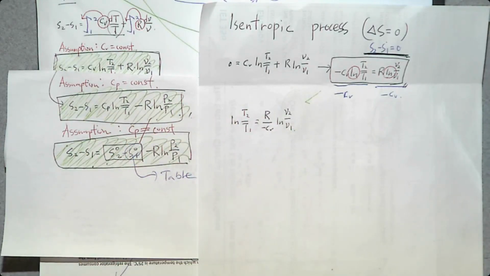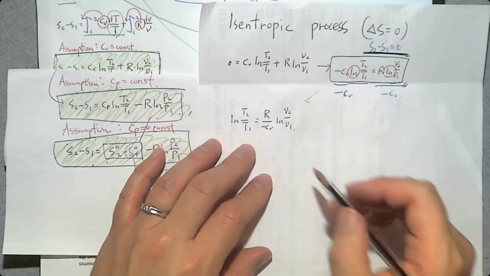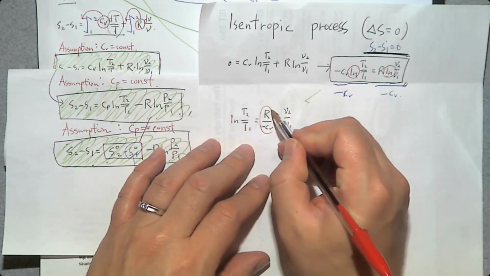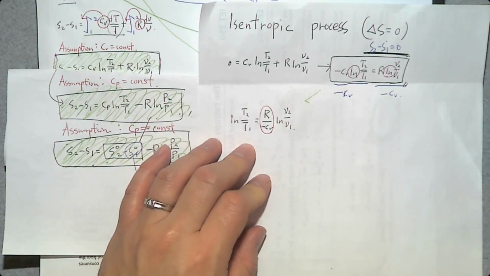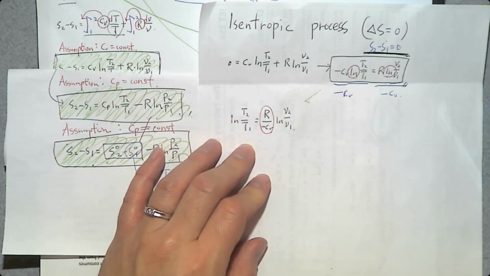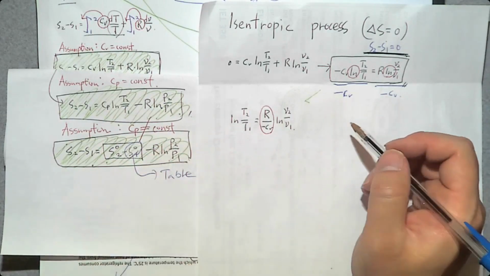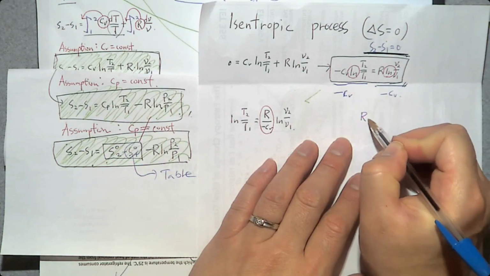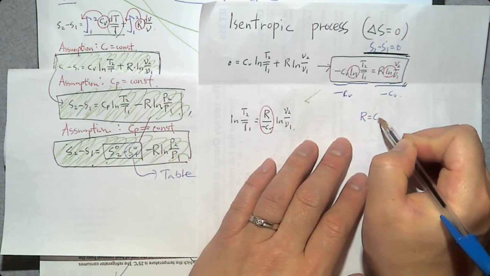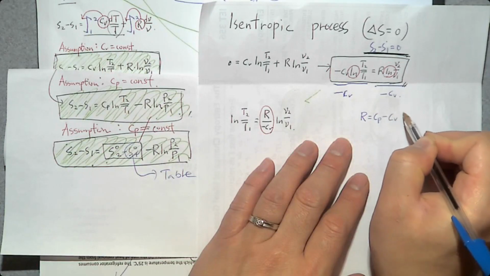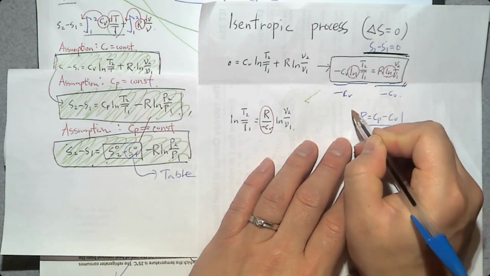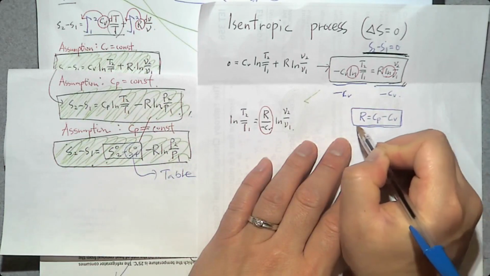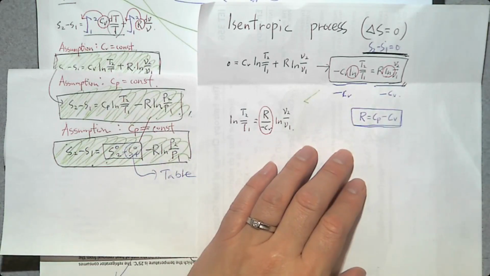Then there's one thing that bothers you. What is that? R over minus Cv. So, can we get rid of them? Yes, there is a way. R is Cp minus Cv. That is called the specific heat relation. And there's one more.